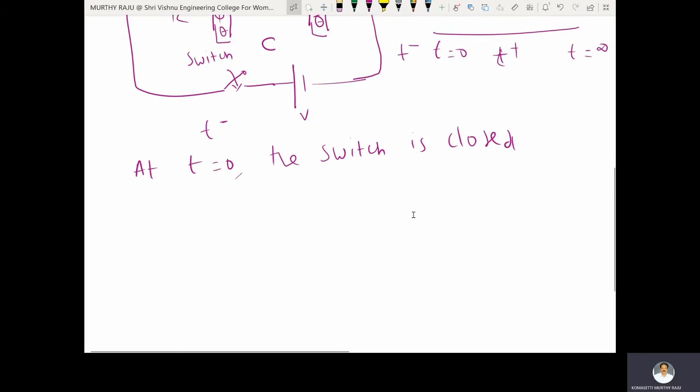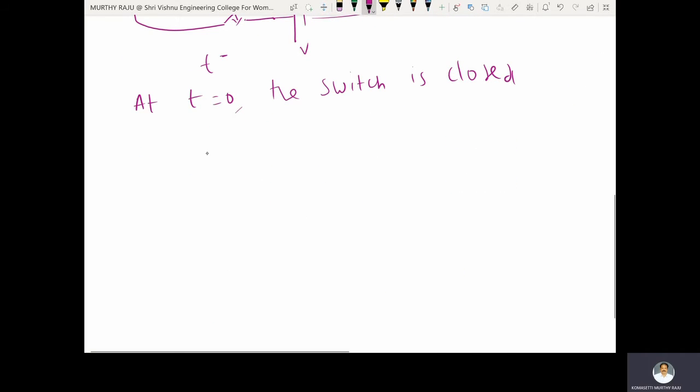At t equal to 0, the behavior of the capacitor is like this: plus, minus, plus, minus.